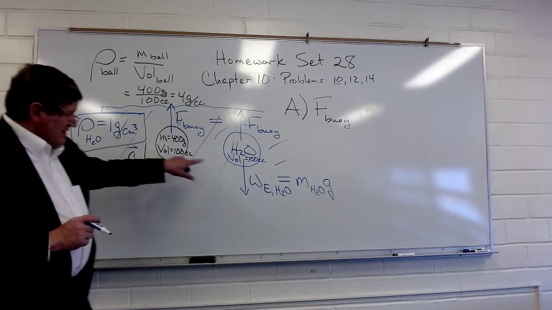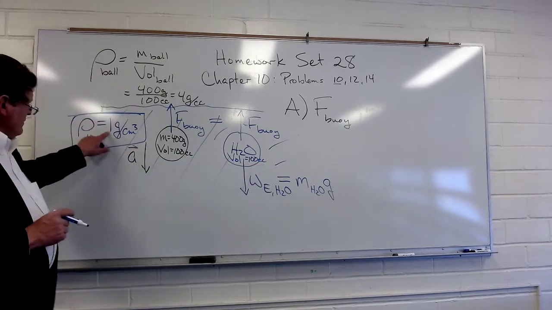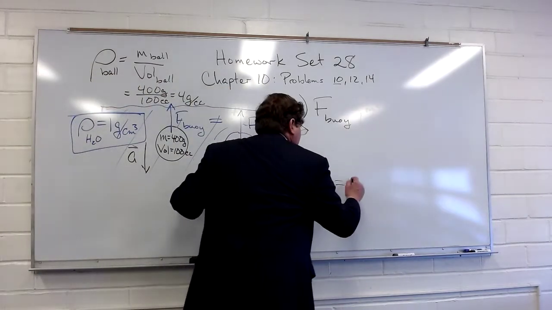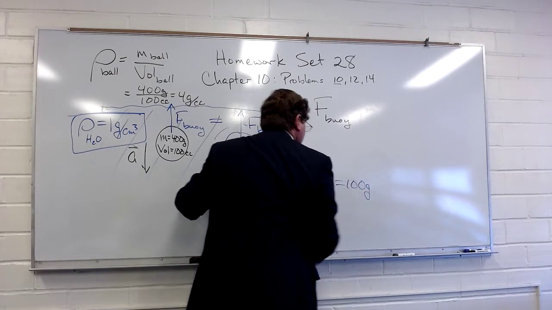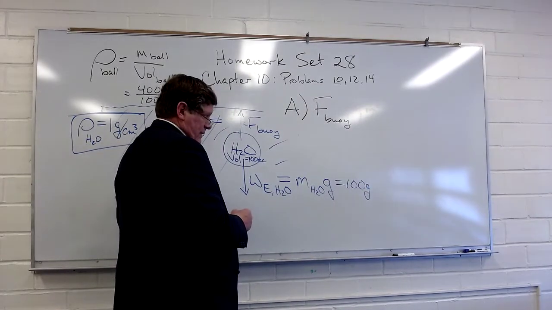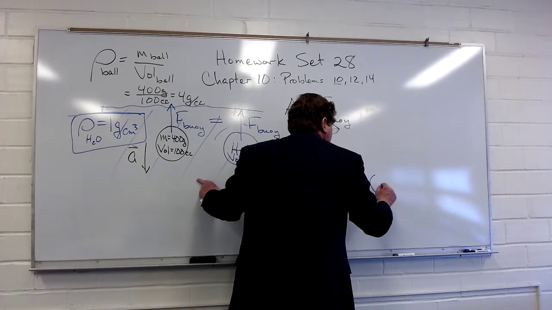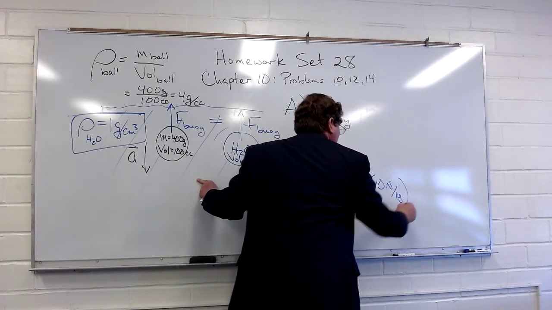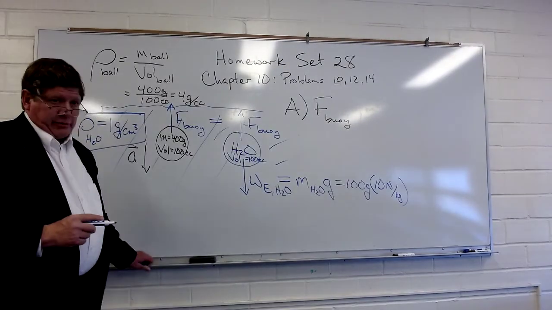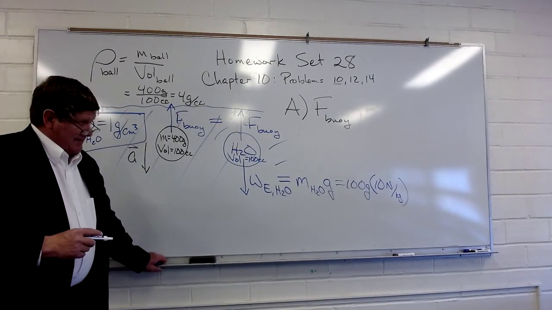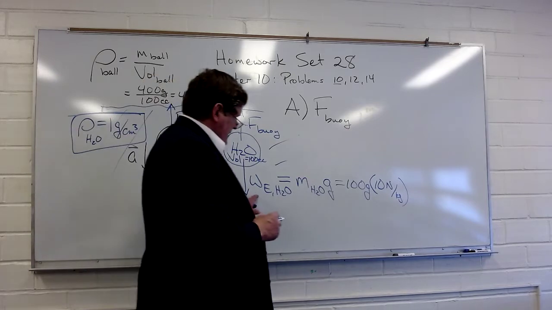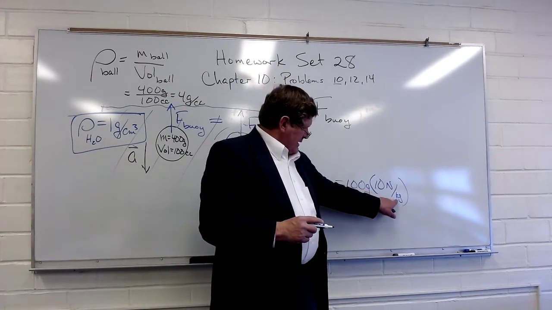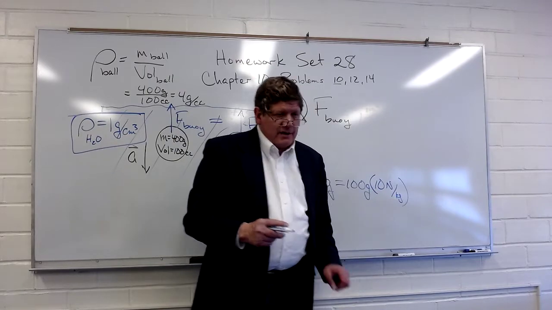And so if I've got 100 cc's and each one of them has a mass of 1 gram, I've got to have 100 grams of water. And then G, of course, is just 10 newtons for each kilogram. Now I hope you see a problem, because there is a problem. And that is, I'm not going to get a force in newtons if I've got grams here and kilograms there, okay?